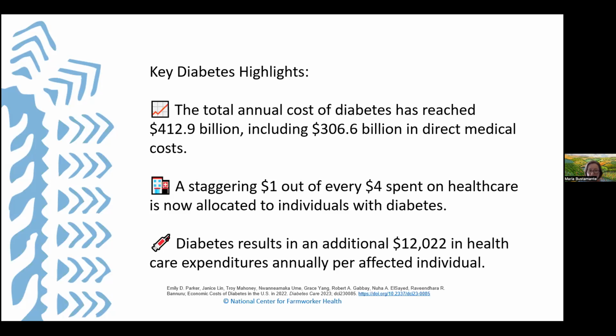Diabetes results in an additional $12,000 in healthcare expenditures annually per affected individual, which is, if you can imagine, what is the average salary and the average income of a person, and having to put out $12,000 a year additional to your healthcare premiums and so on.